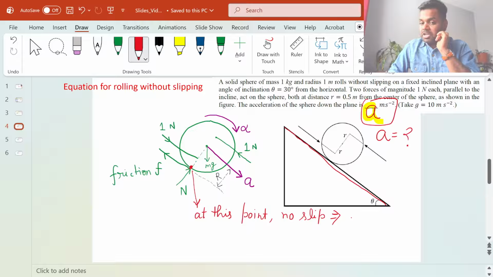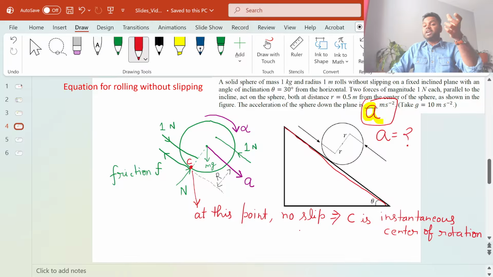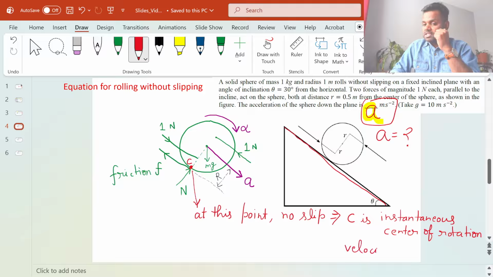So this point here, let's call it C. C is the instantaneous center of rotation. You can imagine that the entire sphere is rotating about that point C at that moment, right? What would that mean? That C is the instantaneous center of rotation means velocity at C is 0, right?